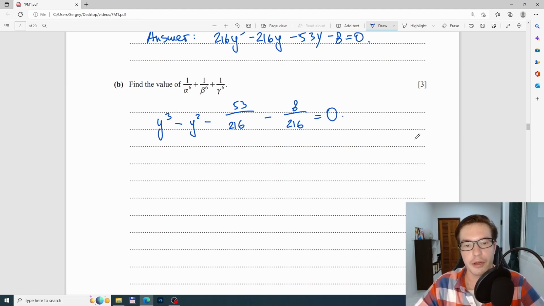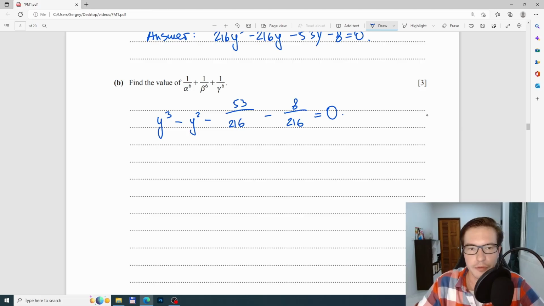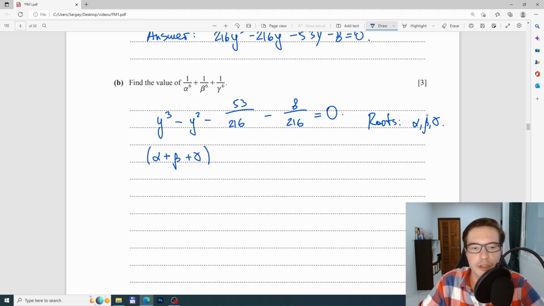Okay, so now we're looking for the sum of the squares of the roots of this equation. Now let's call the roots alpha, beta, and gamma again. Imagine you have alpha plus beta plus gamma, so that's basically the sum of the roots of this equation, and I want to square it. Let's quickly try to understand what's happening here.